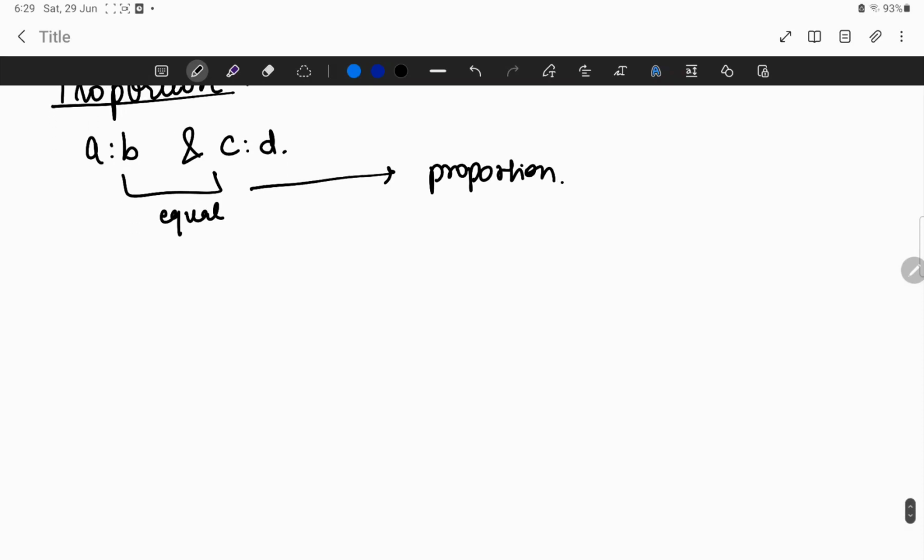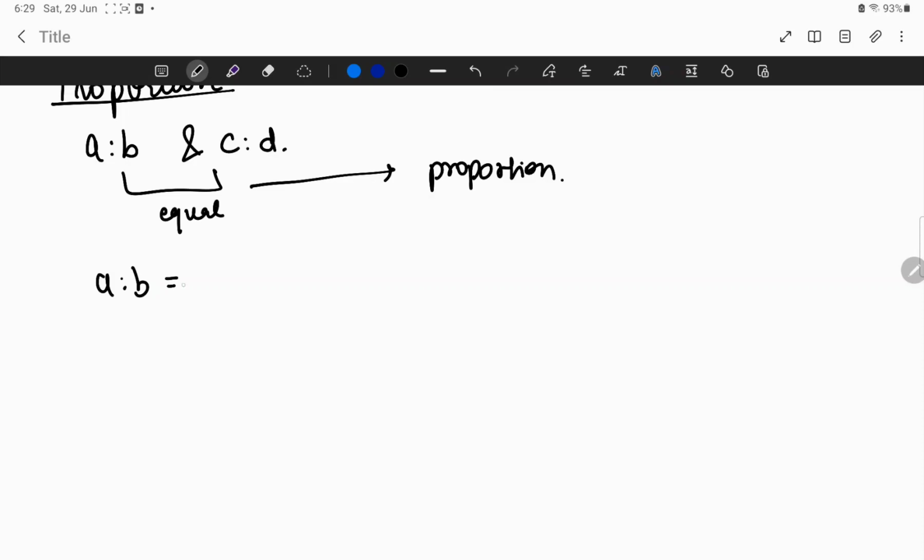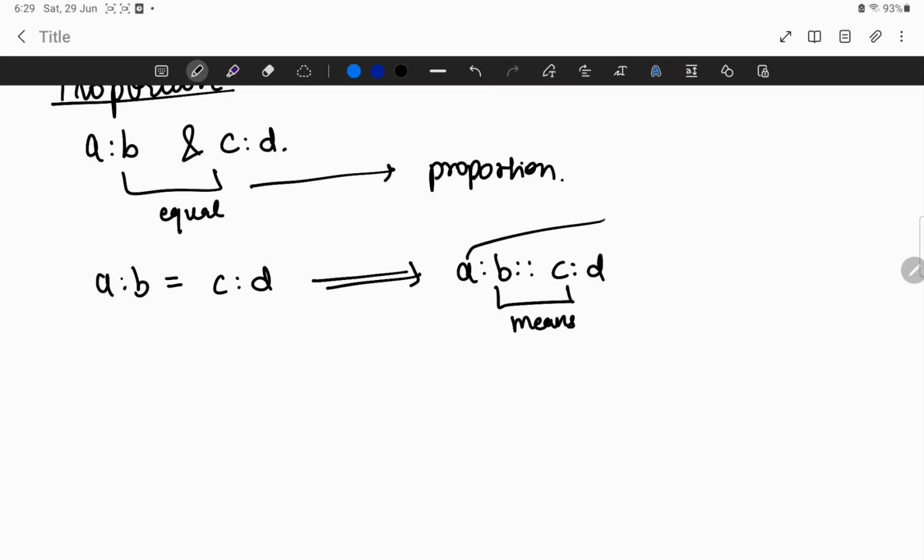So essentially the way it is expressed is a is to b is equal to c is to d. So here these are the means, and a and d are the extremes.